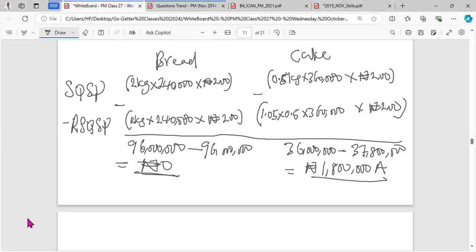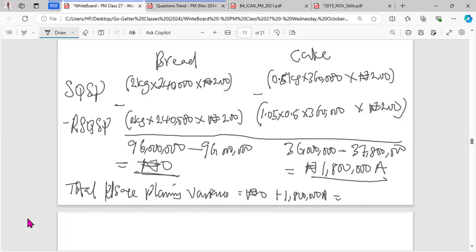So the total usage planning variance is 0 plus 1,800,000 adverse, which is 1,800,000 adverse.